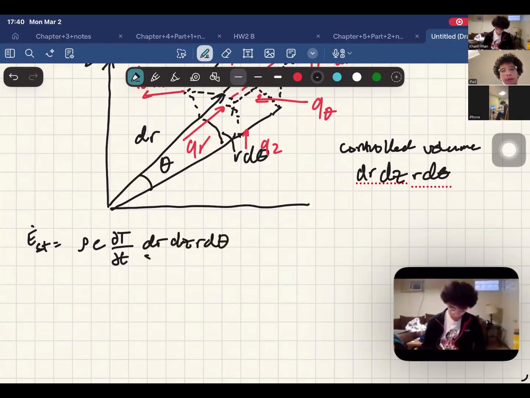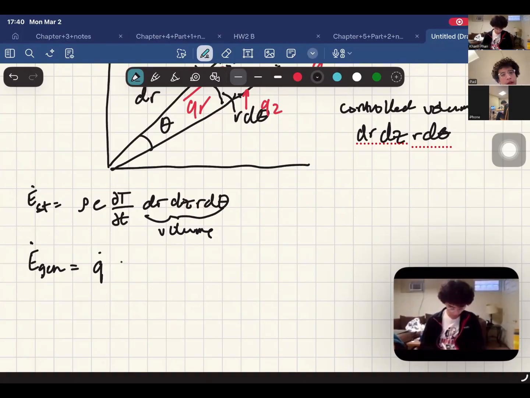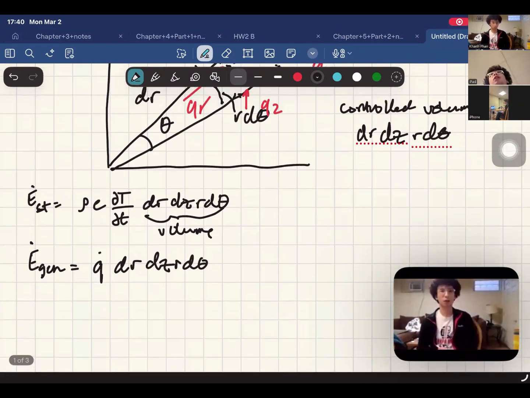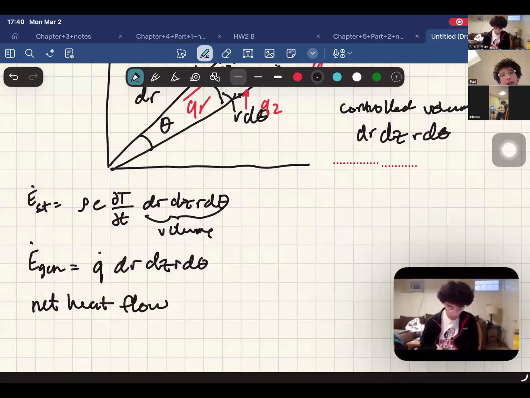That's the volume. And for energy generated, we have heat generation times the volume dr dz and r d theta. And for the net heat flow, we're gonna work out each individual direction. I'm gonna work on the next page.